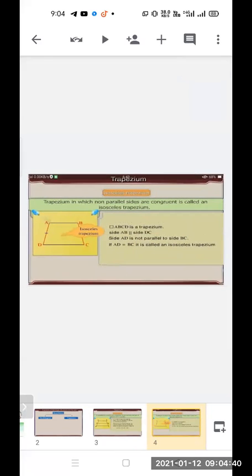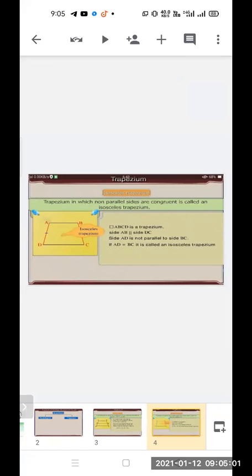Children, another type of trapezium we are going to learn is the isosceles trapezium. You are familiar with the word isosceles; you have studied the isosceles triangle many times. What is an isosceles triangle, children?